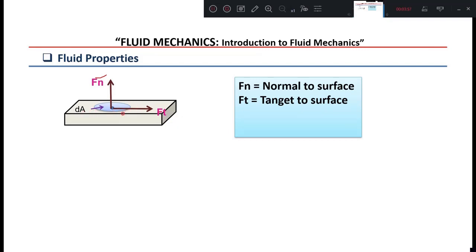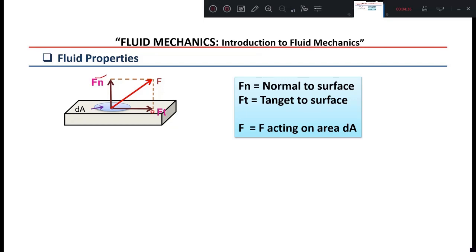This is called a tangential force, and the resultant force F is acting on area dA. So the normal component of the force Fn acting on the surface per unit area is called the normal stress, and the tangential component of the force acting on the surface per unit area is called the tangential stress or shear stress.